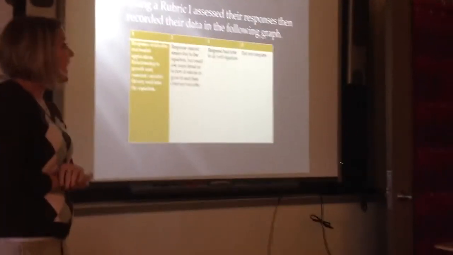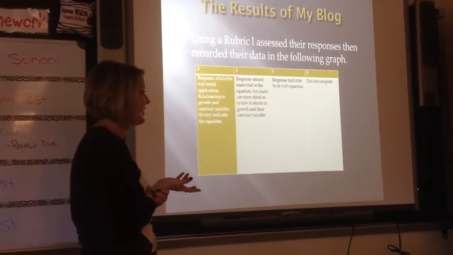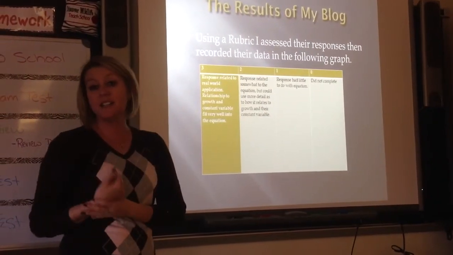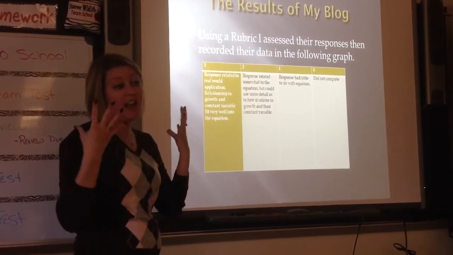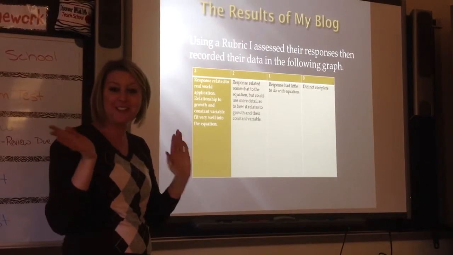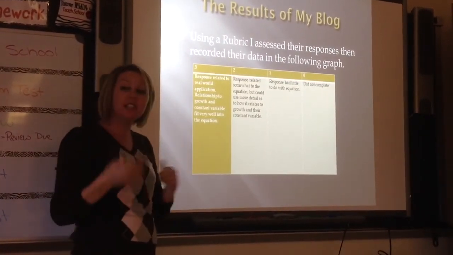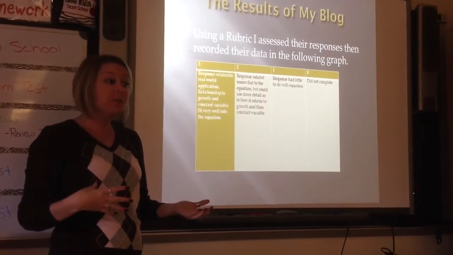This is the rubric that I used to grade, well, not grade, just assess the students, because I actually didn't take the grades down and put them in a grade book. I just used it as my data, and I felt I'm a math teacher, so numbers are easier for me to look at. But 3, the kids really related to the equation.